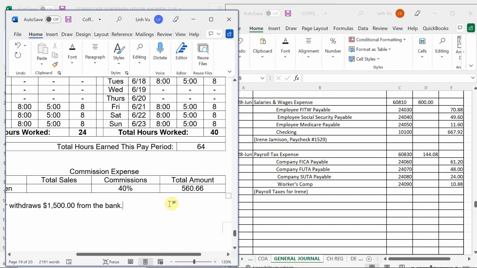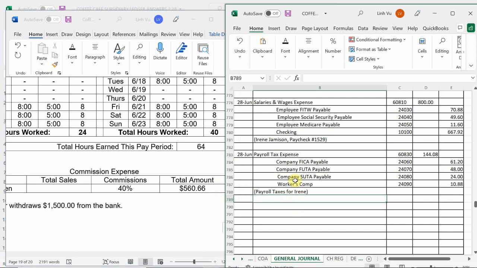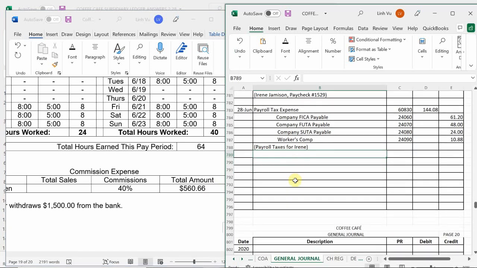So in this case, he's earned 100% of the earnings that he's earned, which is 40% of his total sales. So that got him a total of $560.66. In this case, that's exactly what you need to do. You only need to pay for his expense, which is going to be this amount right here. You do not have to pay any penny into his Social Security, Medicare, or any of those because he is not an actual W2 worker.